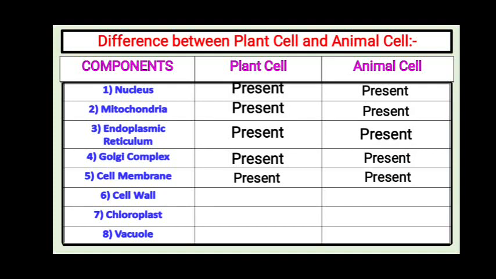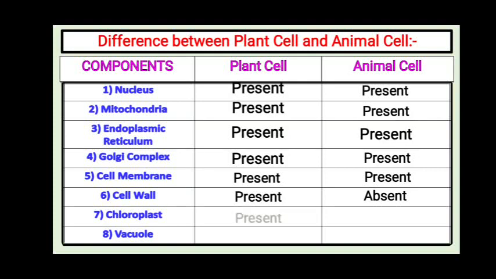Next one is cell wall. Is cell wall present in plant cell? Yes, cell wall is present in plant cell. What about animal cell? Is it present in animal cell? No, it is absent. So cell wall is absent in animal cell. Next one, chloroplast.